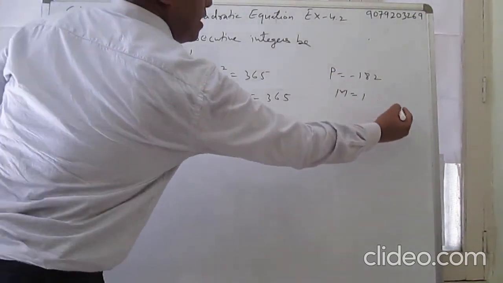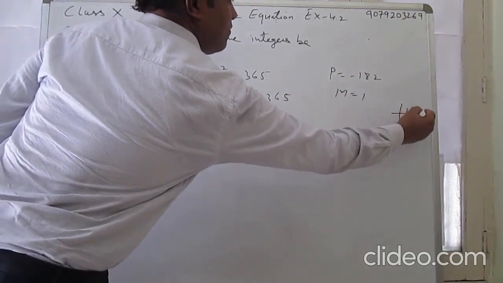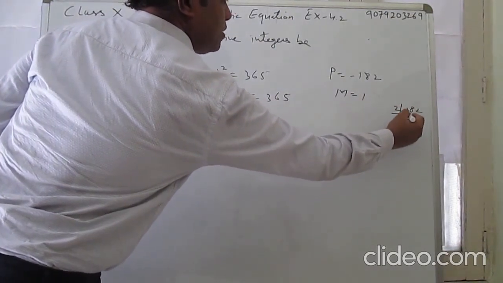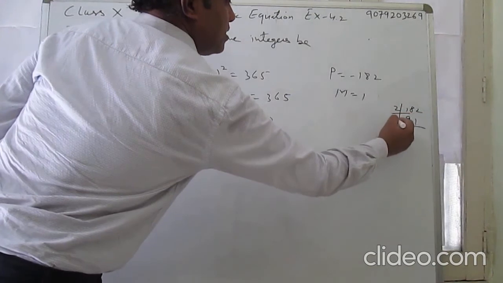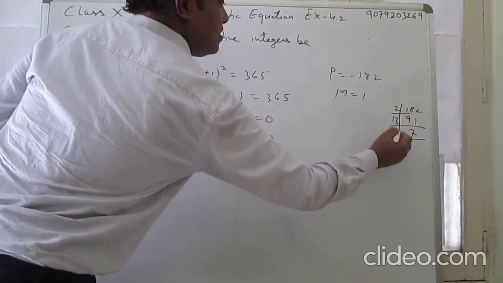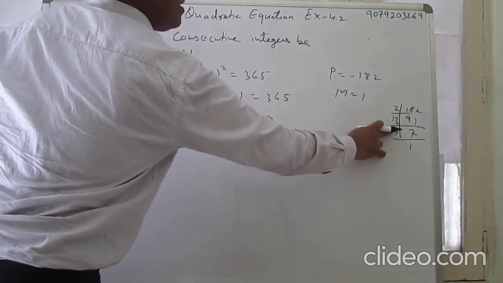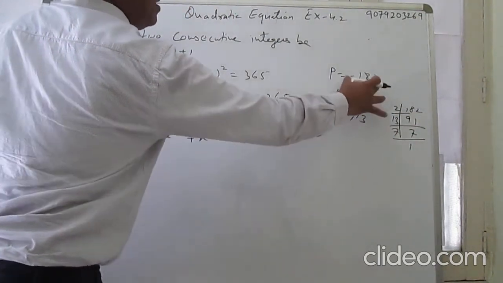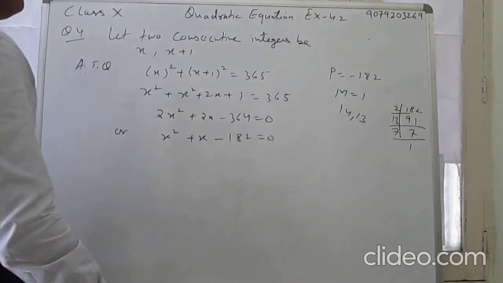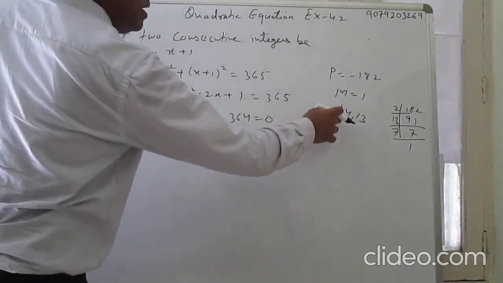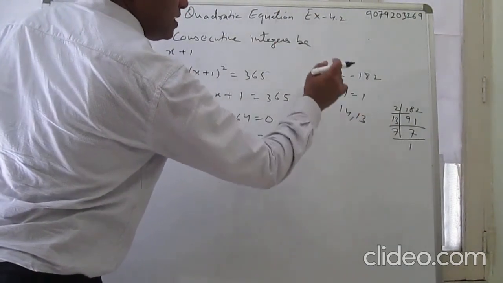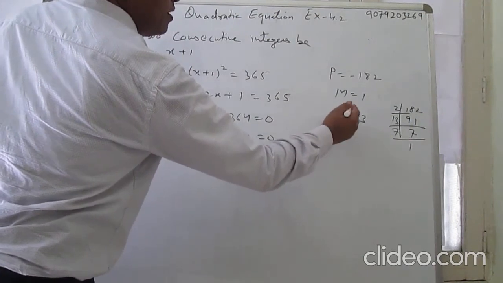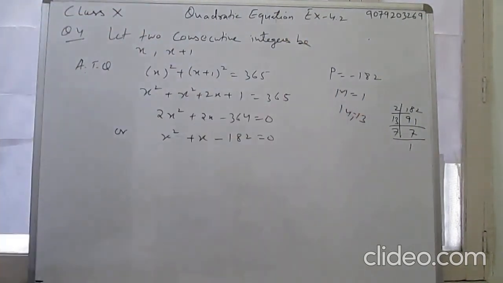So 182 के आप फैक्टर कीजिए, you will get 182 को डिवाइड कीजिए 2 से, 2 9 जा 13 7 जा, 7 1 जा, make the factor 7 into 2, 14 and 13. If you multiply 14 and 13 you will get 182. Minus 182 लाना है और प्लस 1 का साइन लाना है, so you will do one thing, 14 comma minus 13.